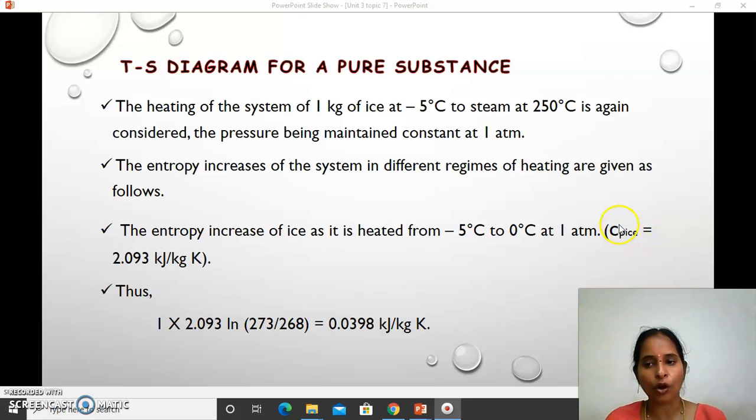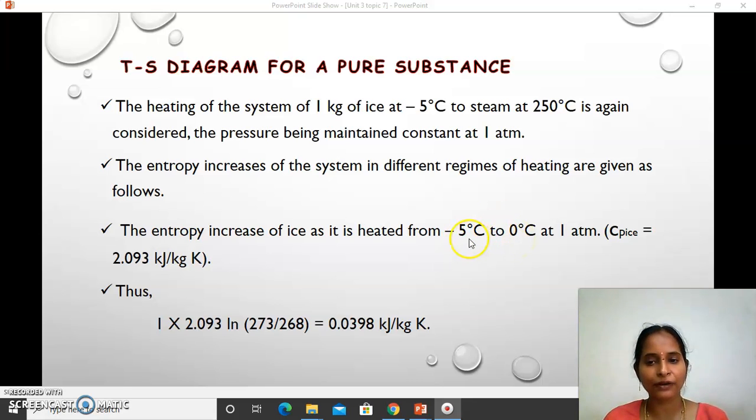The value of specific heat of ice is 2.093 kilojoules per kilogram Kelvin. So that is m Cp ln of T2 by T1. What is T2? 0 plus 273, so 273. T1 is minus 5 degrees Celsius plus 273, you will get 268. So here 2 temperatures come into play, right?